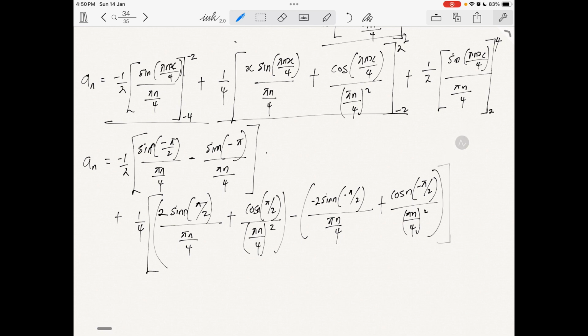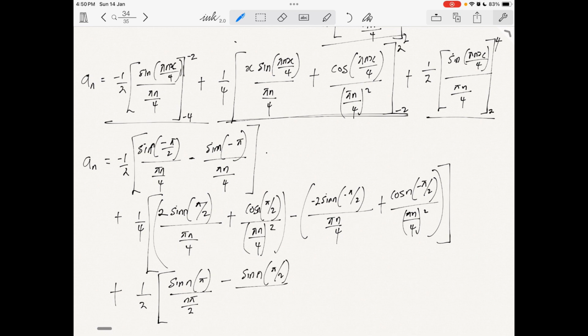Now we are done with plugging the upper limit and lower limit of the second term here, and the third term we have it to be 1 over 2, upper limit of 4, we have sine nπ, minus the lower limit of 2 divided by nπ over 2, and the lower limit of 2 we have it to be sine nπ over 2 divided by πn over 4.